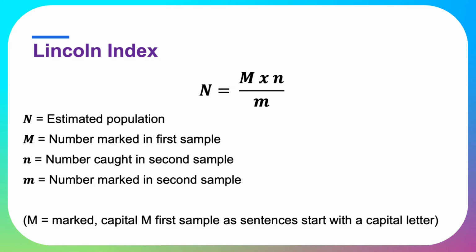Now, the capital M is the first sample, and we remember that because sentences always start with a capital letter. So we know that this capital M is the number marked the first time. The lowercase m is the number marked the second time. And then the only other thing you need to remember is the lowercase n is the total number caught the second time.